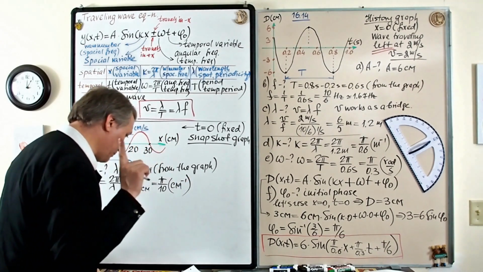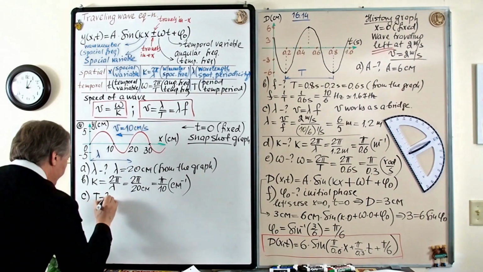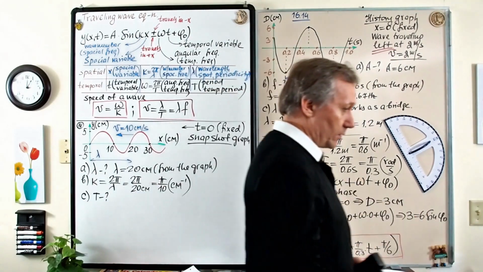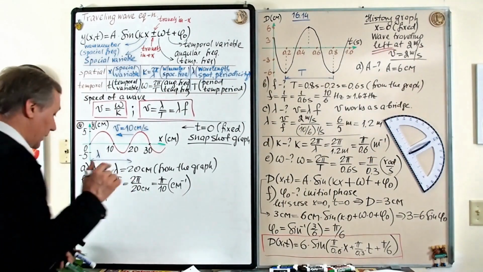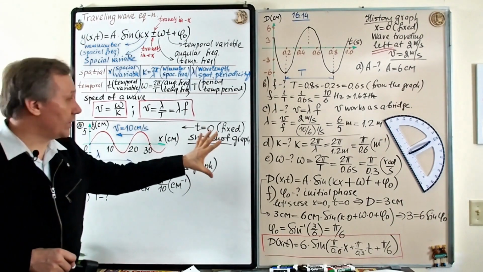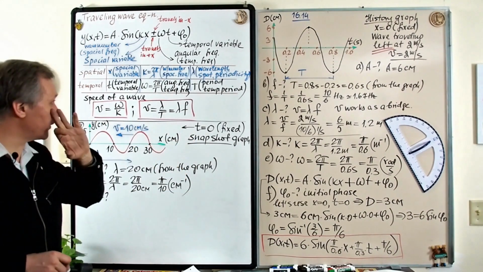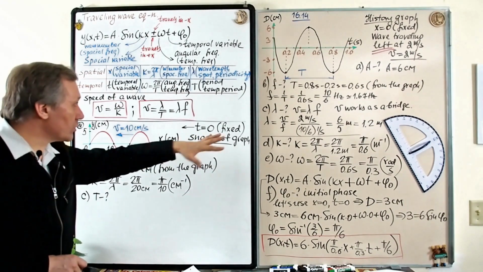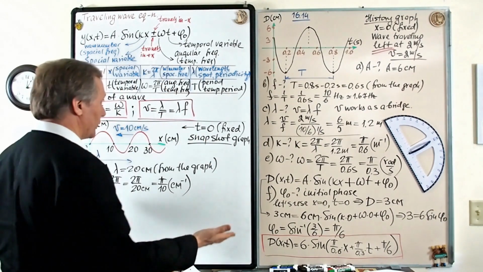But anyway, what's next? Let's find the period of the wave. C, period, temporal periodicity, the stretch of time over which the wave reproduces itself. And again, the trouble is now with this quantity. We have only spatial information about the wave, only a snapshot. t is 0, fixed, so we lost all the temporal information.